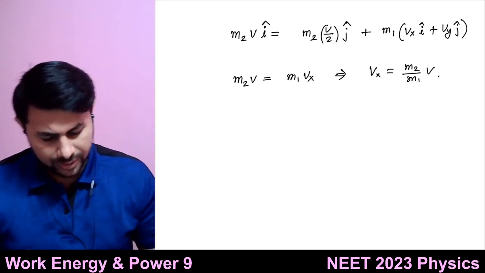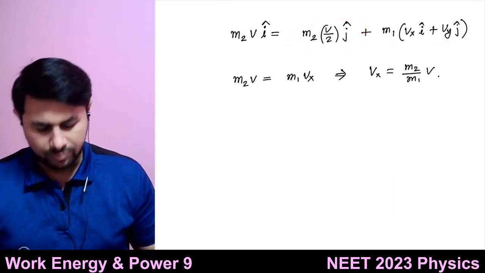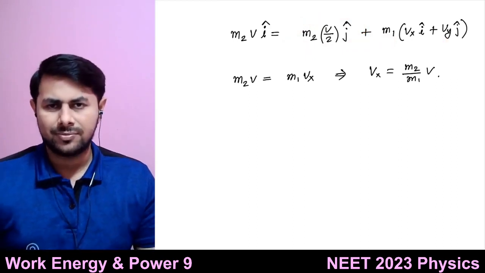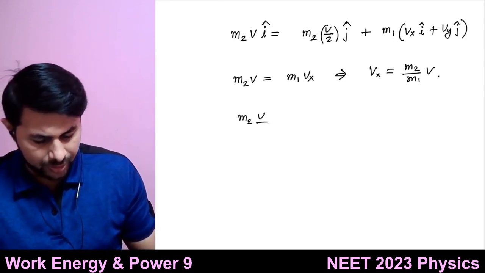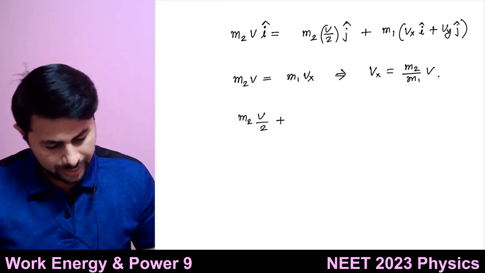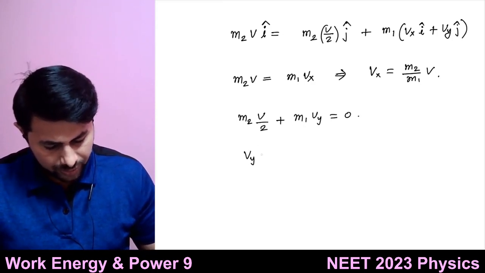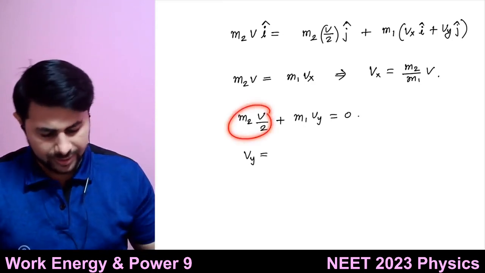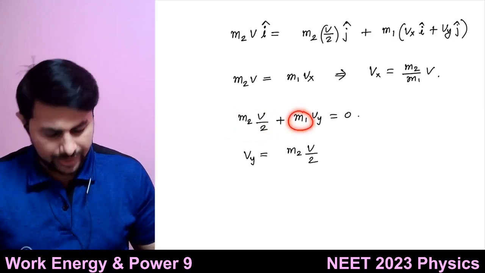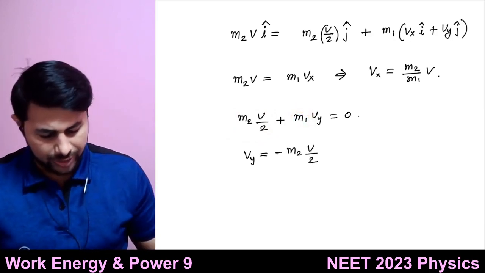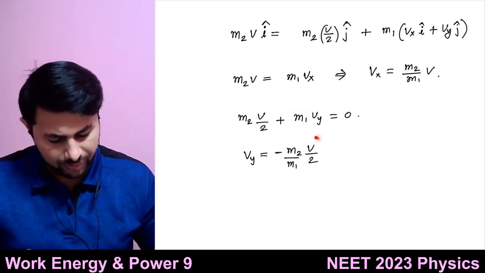Then m2 v by 2 plus m1 vy, times j cap, should be equal to 0, because on the left hand side there is no y component of momentum. So vy is equal to, moving this to the right hand side with a negative sign, minus m2 upon m1 multiplied by v by 2.